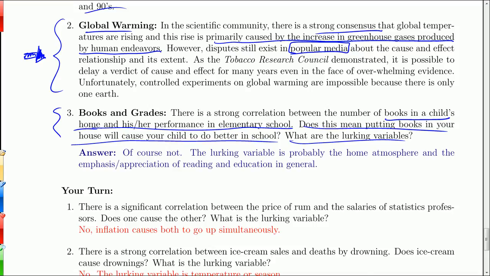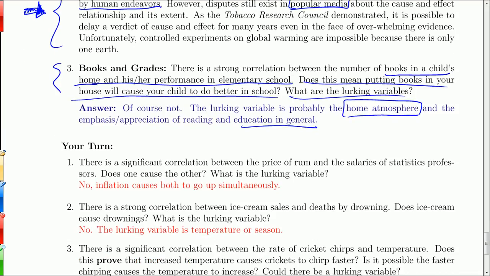The lurking variable is probably the home atmosphere, the appreciation of reading in the household in general, or the appreciation of education in general, right? So it's not the books. The books themselves can't cause a child to do better in school. They might help.